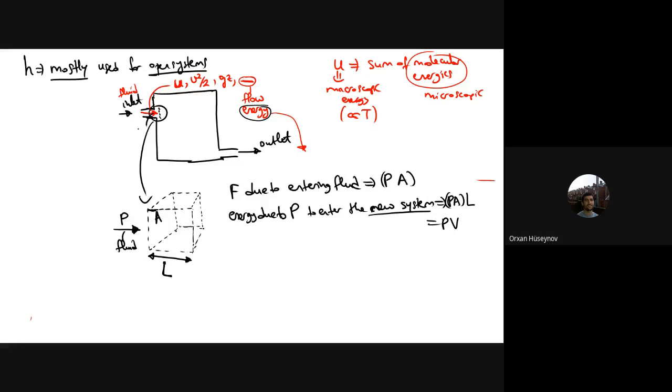What it means is that when the fluid enters, it displaces this amount of volume V, with applied pressure P, to make a space for itself.